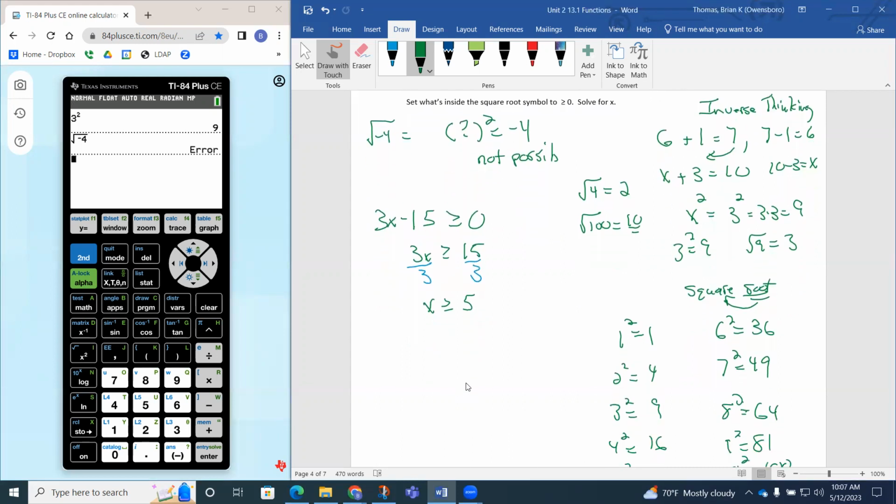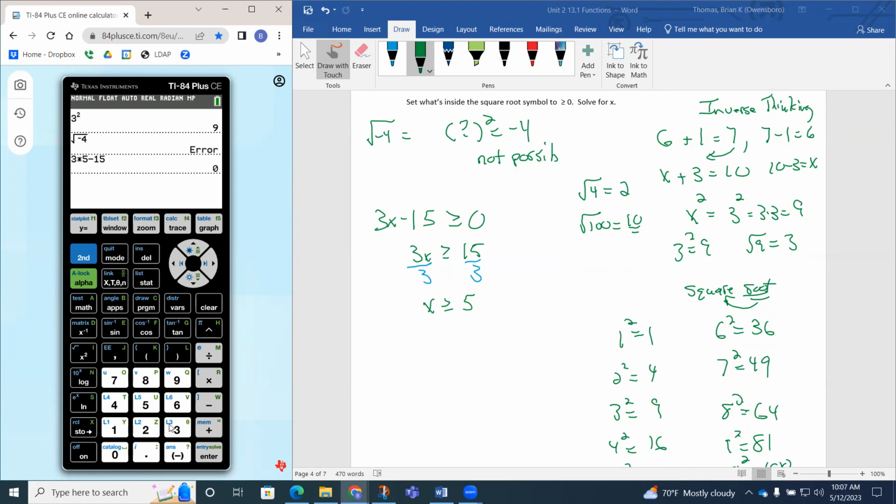If we think about this, if you pick 5, 3 times 5 minus 15 is going to give me 0. If you pick a number greater than 5, it should create a positive value, in other words, greater than 0.